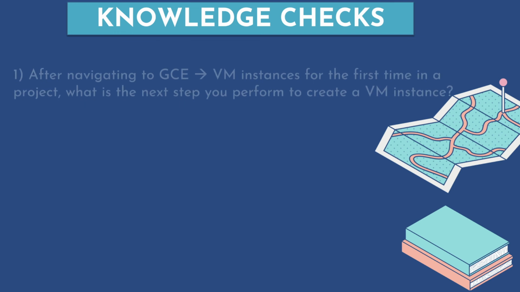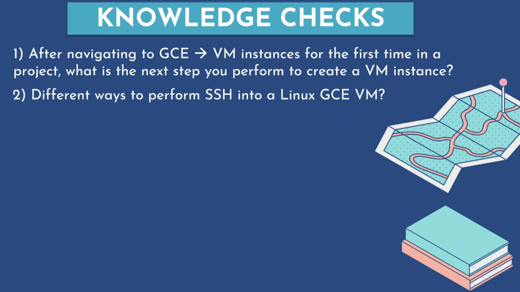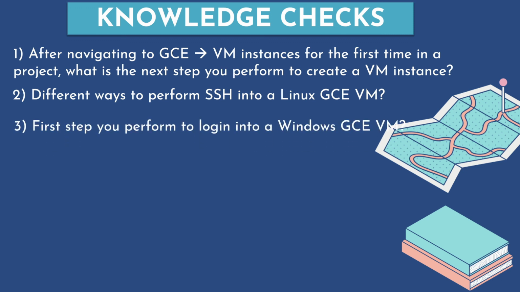Here is the first question. After navigating to GCE and then VM instances for the first time in a project, what is the next step you perform to create a VM instance? What are the different ways to perform SSH into a Linux GCE virtual machine? First step you perform to log in into a Windows GCE VM.